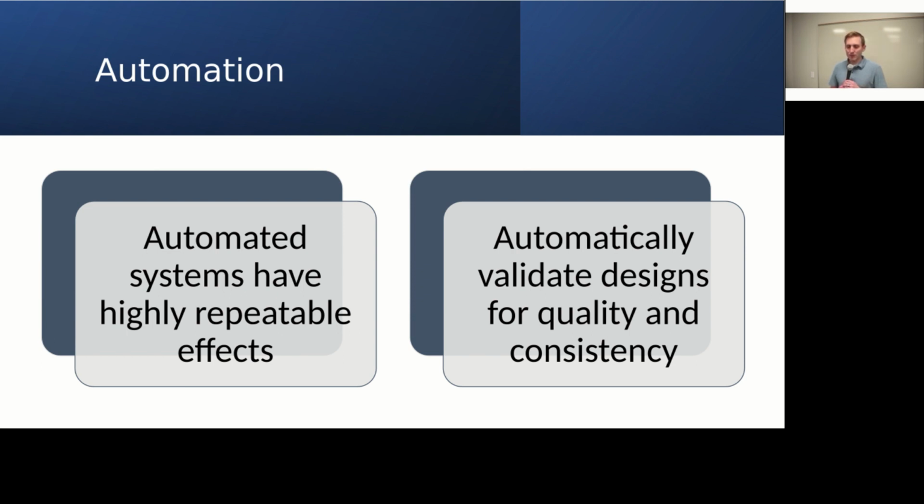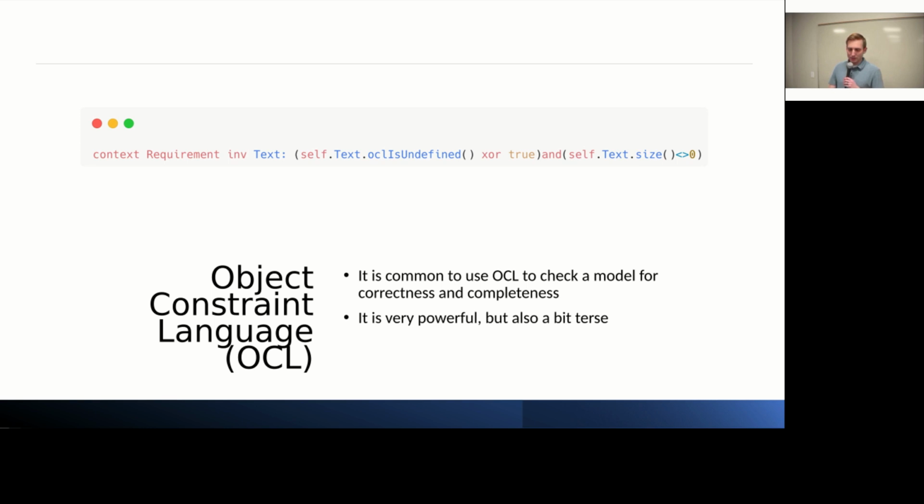Automated systems have highly repeatable effects, and we can automatically validate the designs for quality and consistency. If we're all modeling using the same language, then we can use a computer to go through and check that the design is correct and complete and done right, and is going to work at the end. What we're going to do today is show how we could automate some of this with Python.